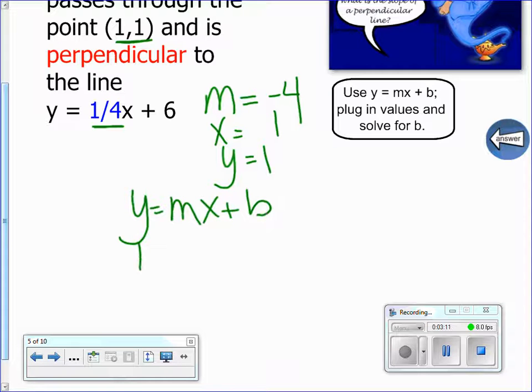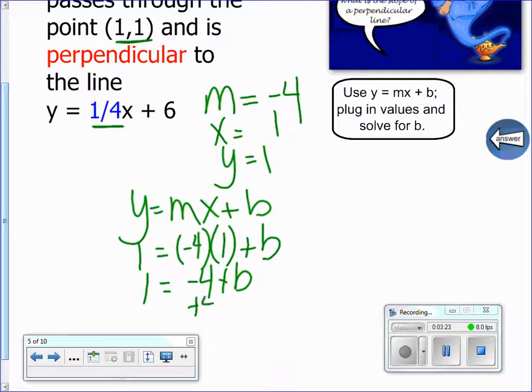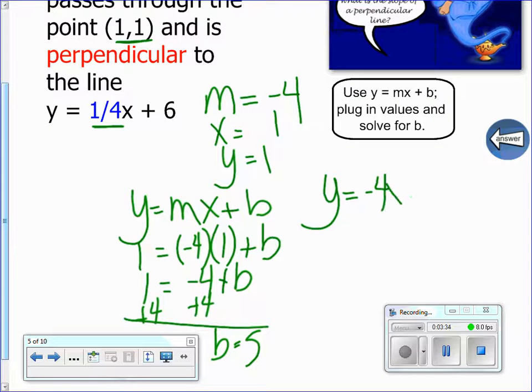Plug in 1 equals -4 times 1 plus b. So 1 equals -4 plus b. Add 4 to both sides, and my b is equal to 5. Now I have my m and my b, so my equation is y equals -4x plus 5.